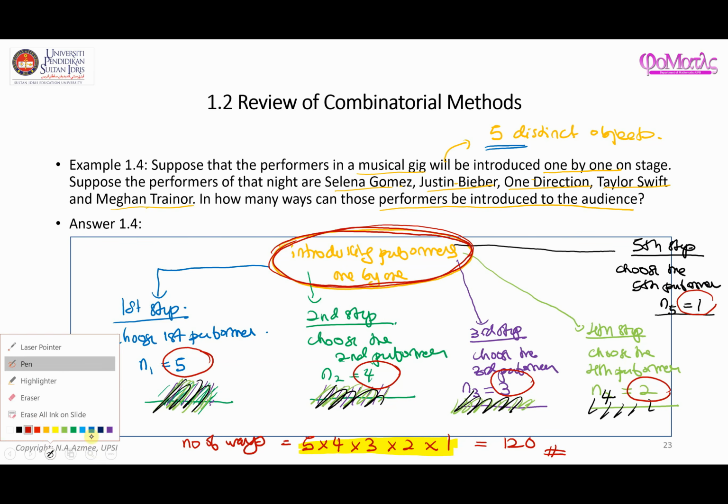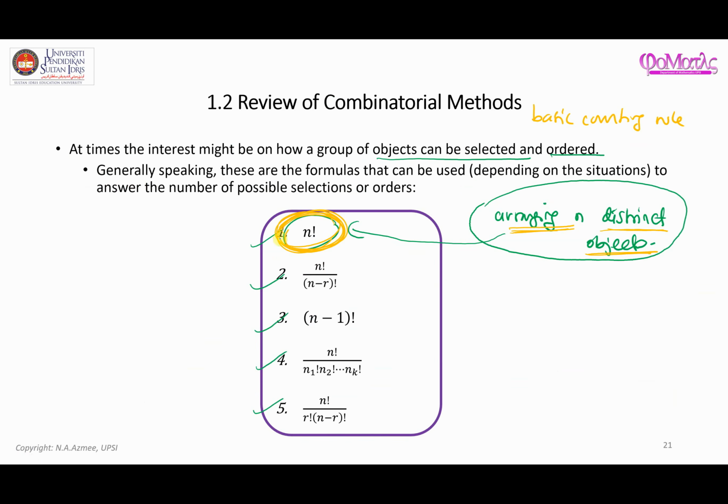So we can write the answer here in terms of 5 factorial, and that's why sometimes, if you want to skip the whole thought process and answer the question in a straightforward manner, or in a manner that can reduce time, then you can just apply the formula which I have already demonstrated here, which is n factorial.